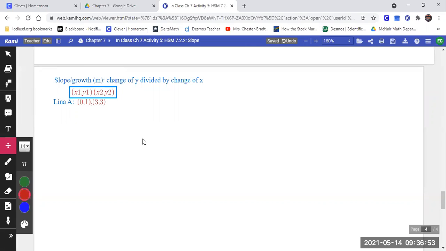Between those 2 points on the graph, we could draw in the slope triangle, but we don't have enough space on this graph. It'd be just too cluttered, right? So we're just going to do the math for it.